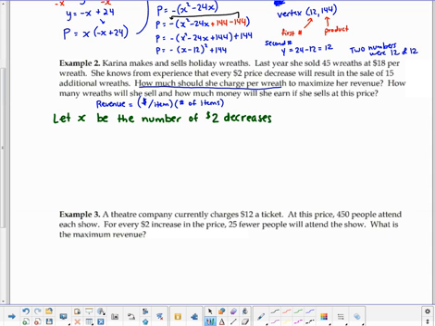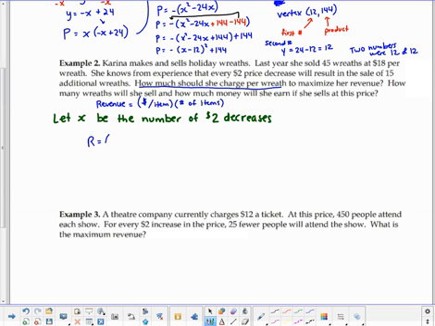So if X was 1, then you decreased it just by $2. If X was 2, you decreased it by how much? $4. If X was 3, you decreased it by $6. Okay, so X will always be the number of increases or decreases in the given context. Now let's figure out our revenue equation.